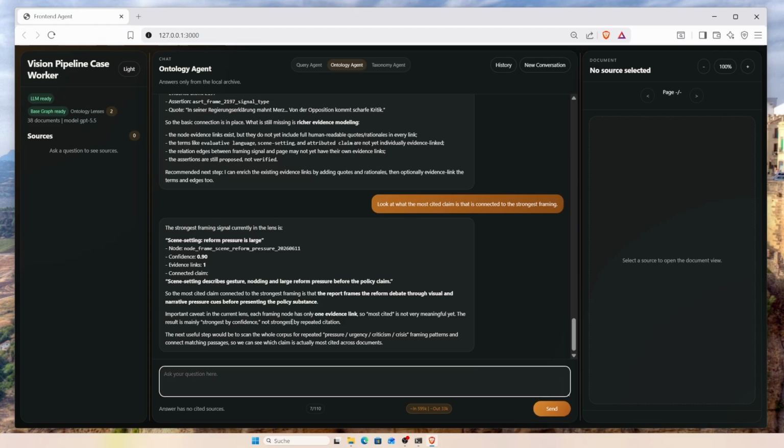Oh, okay, yeah. See, you have to be more precise. So we just ask it again, because he just looked into the lens he already created, and that is quite small. So he has to look outside the lens, within the whole database.